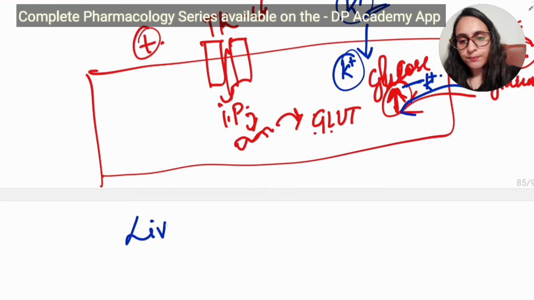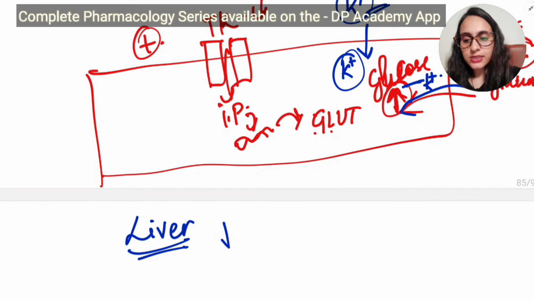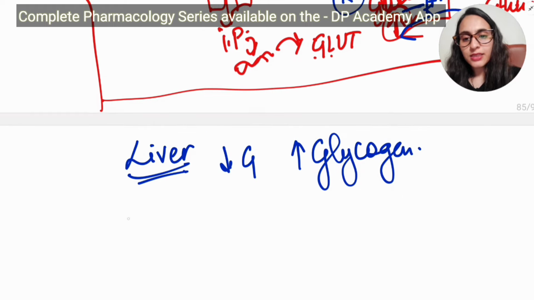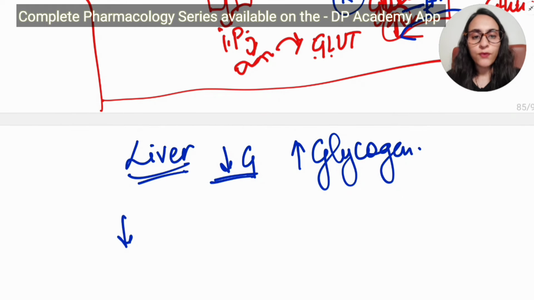What happens in the liver? In the liver, there is a decrease in glucose and an increase in glycogen. Glucose is stored in the form of glycogen. So glucose is reduced, which means there is less gluconeogenesis, that means less glucose is forming. There is an increase in glycogen synthesis.